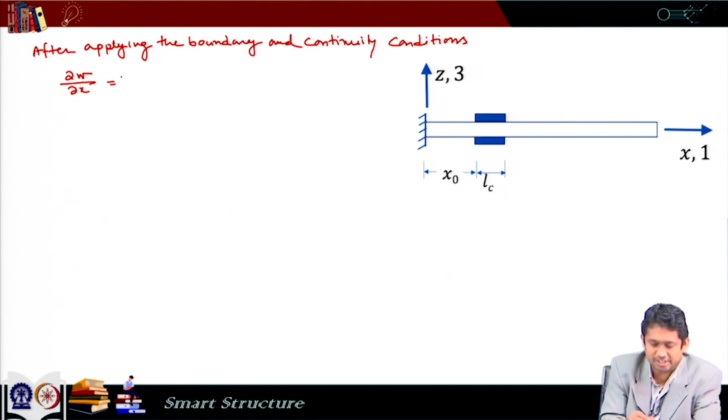So we get del W by del x is equal to 0. There is no slope when my x is between 0 and x0.